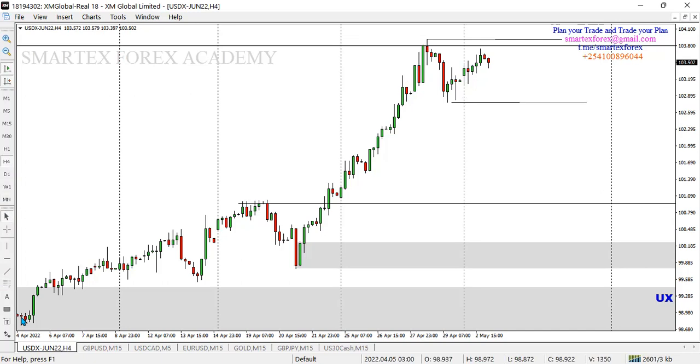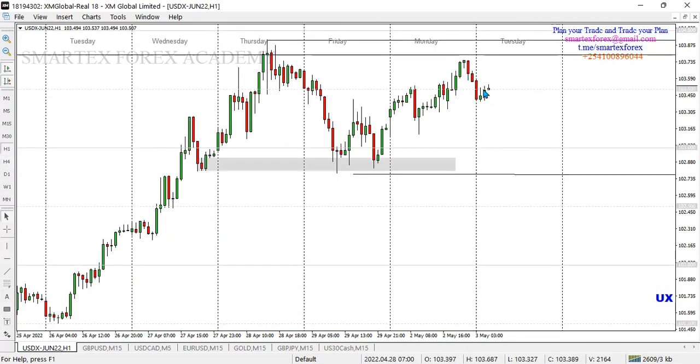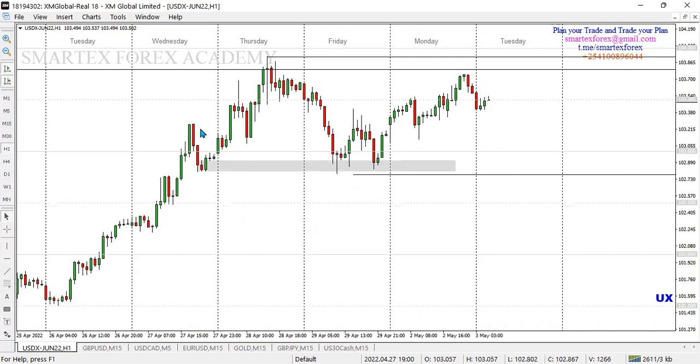On the 1-hour time frame we had this high, then a break of structure here, and a return to this zone, then another break of structure, then this external liquidity was cleared and it returned back to this. And then on Friday, we had this low here.